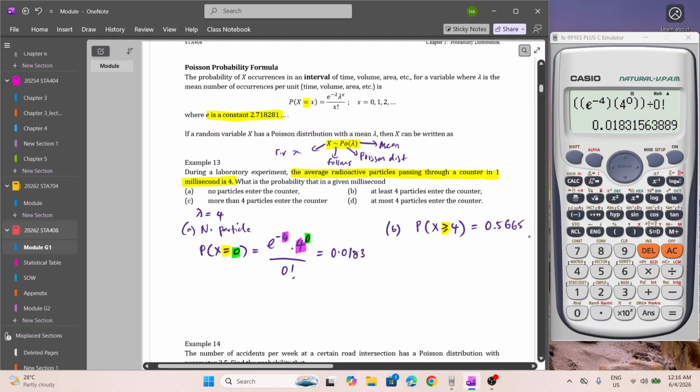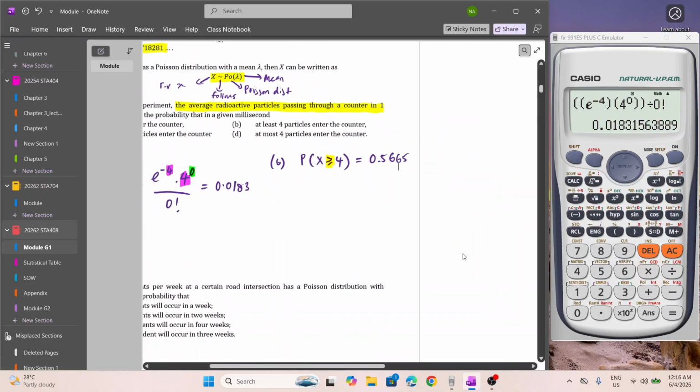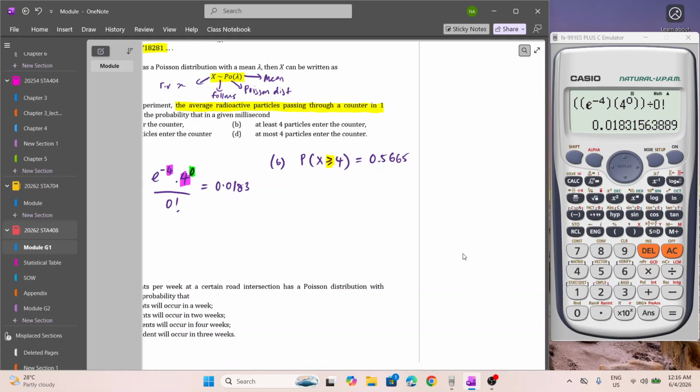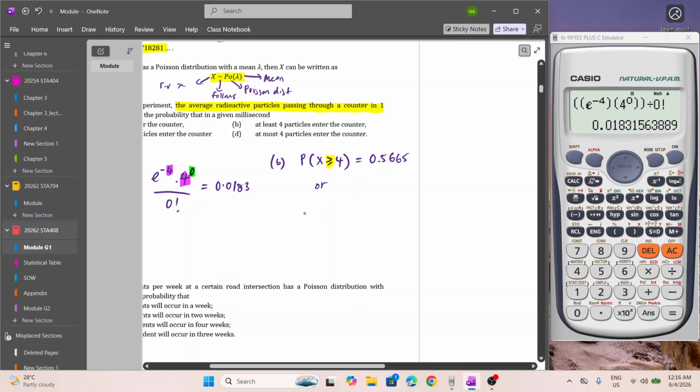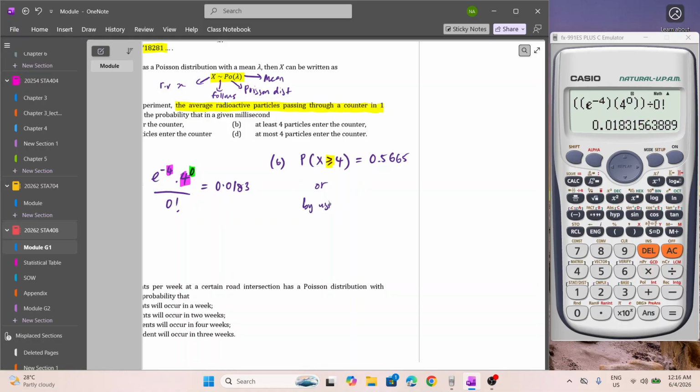But if the question asks you to use the formula, class, what you need to do is find it manually, and it is a lot of work. Using the formula, the probability of x greater than or equal to 4 for the Poisson distribution is equal to 1 minus the probability of x less than or equal to 3.